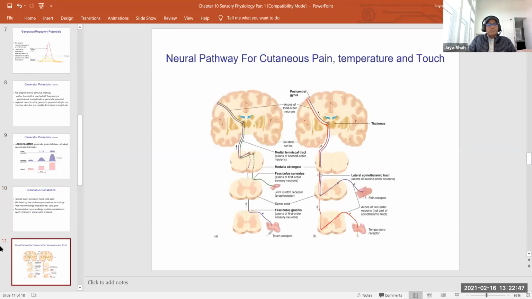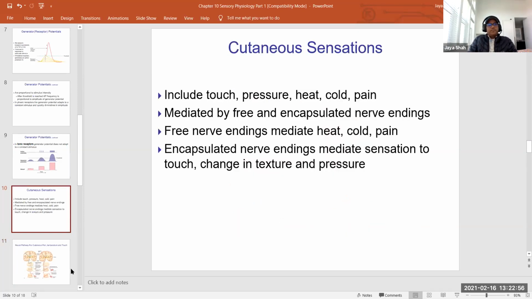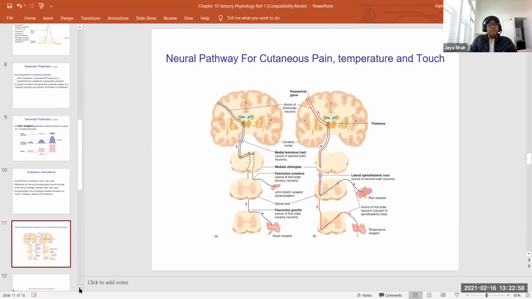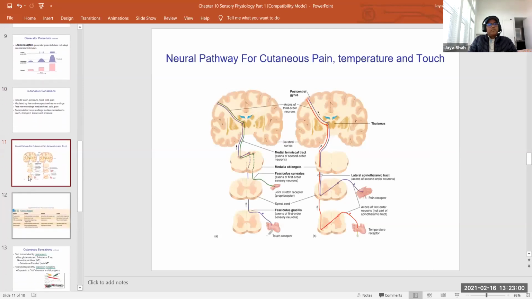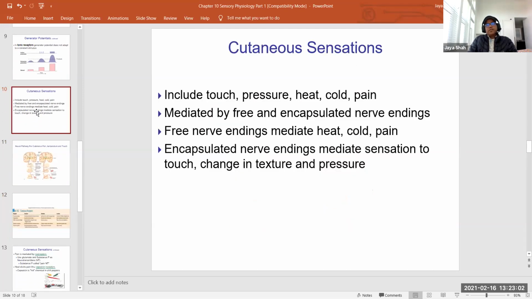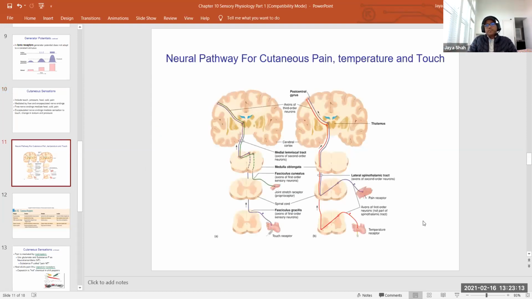So how does this cutaneous sensation take the sensation from skin to the brain? Let's see the pathway of sensation.